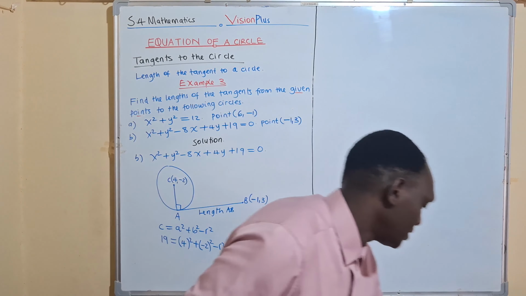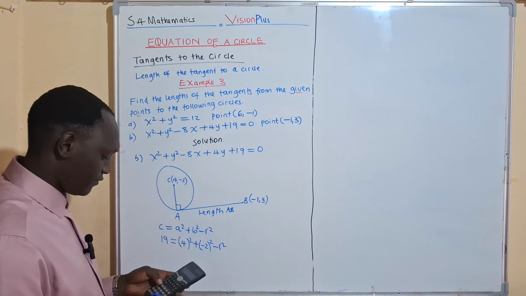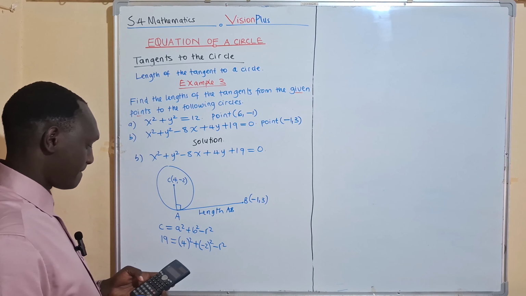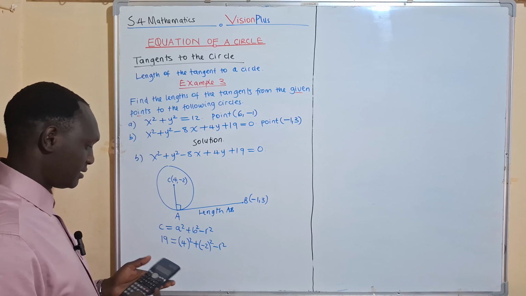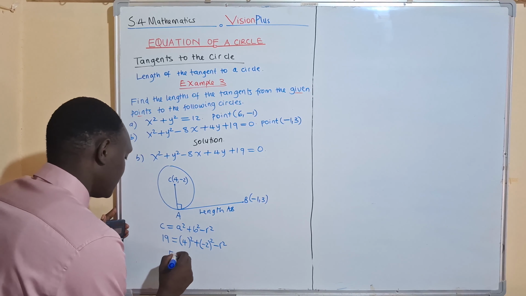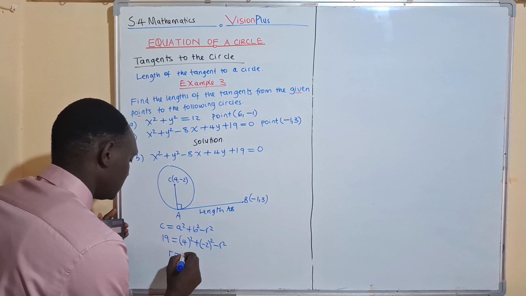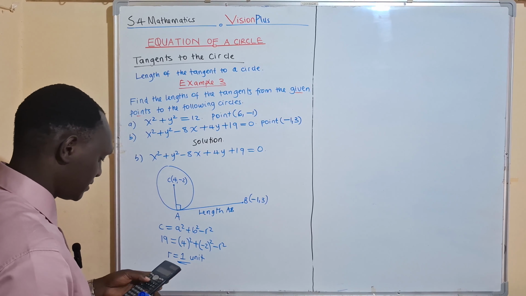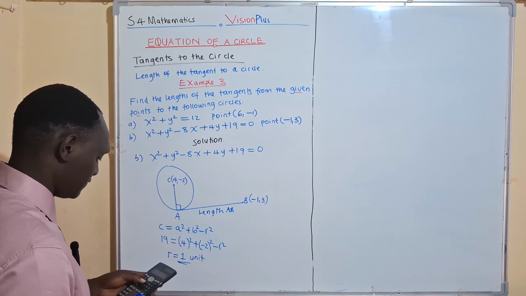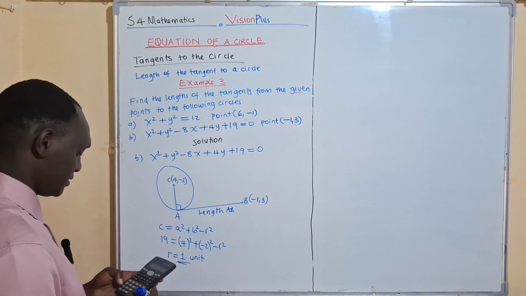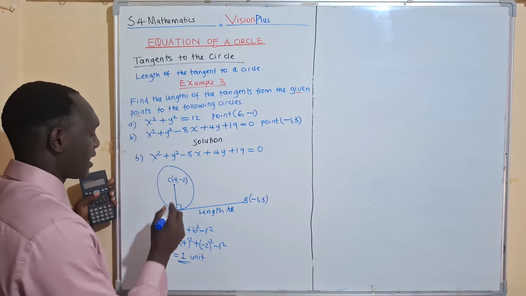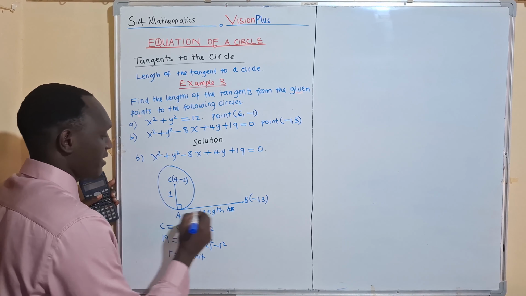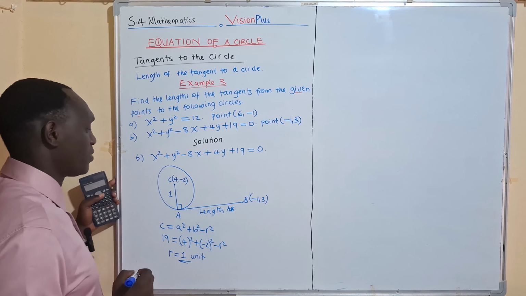Then you work out and find the value of r: 4 squared plus (-2) squared, and then minus 19. Take the square root. I'm getting r as 1 unit. Let me prove again: 4 squared plus (-2) squared minus 19. Yes, so r is 1. So this distance from the center up to point A, where the tangent meets the circle, is 1.